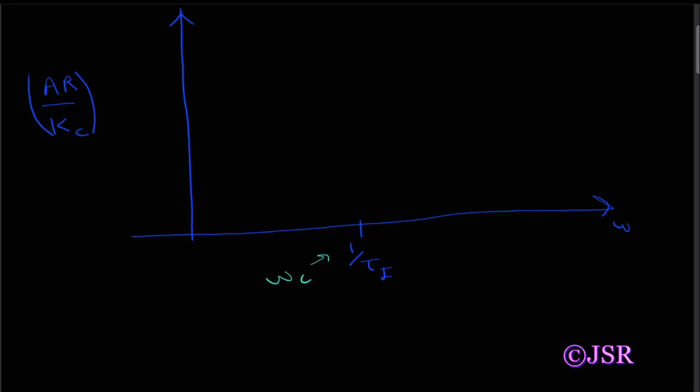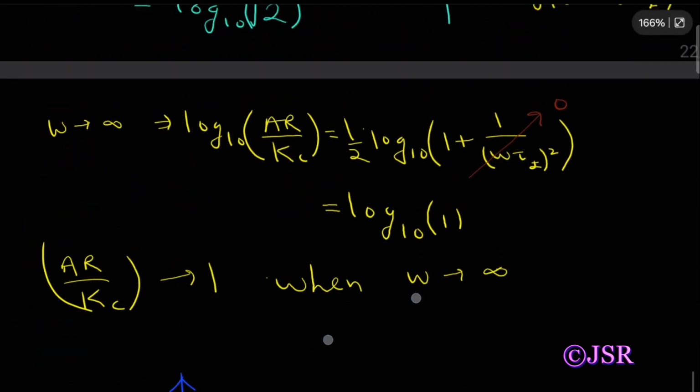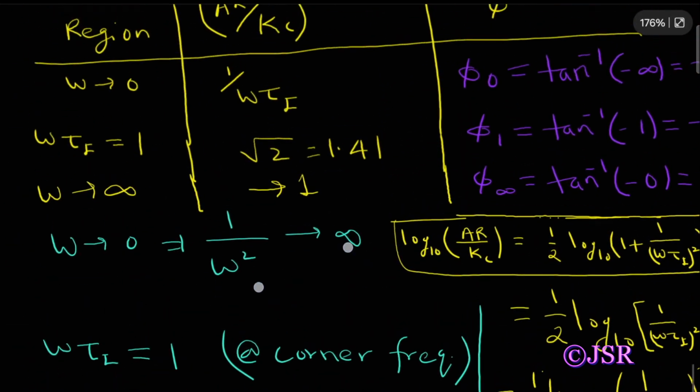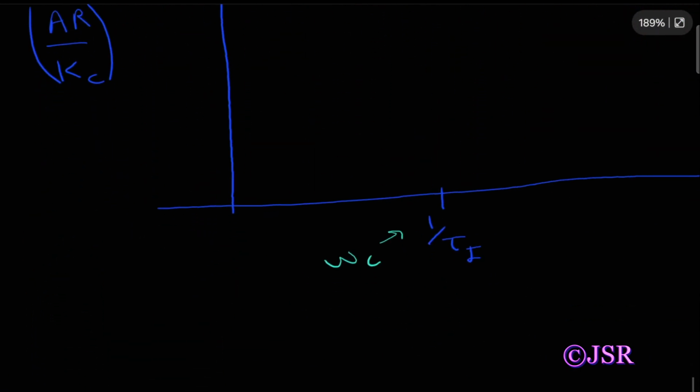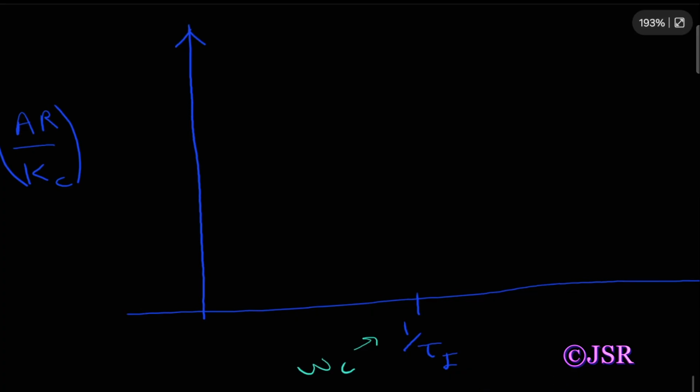And when omega tends to 0, AR by Kc will be equal to 1 upon omega tau I, and when omega tends to infinity, AR by Kc will be equal to 1, right?